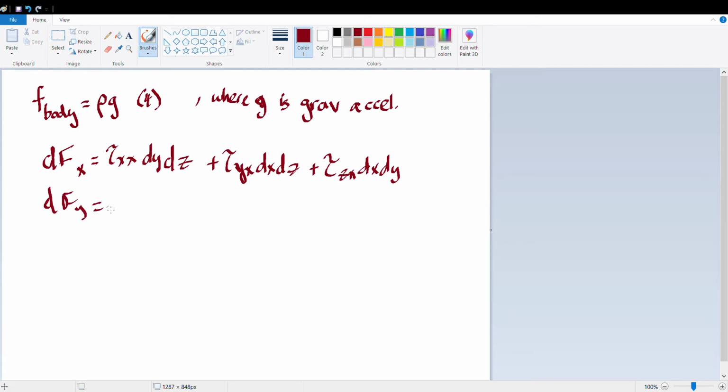The forces in the y direction are tau xy dy dz plus tau yy dx dz plus tau zy dx dy.